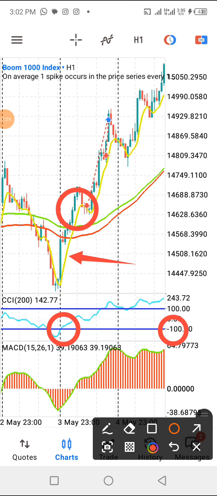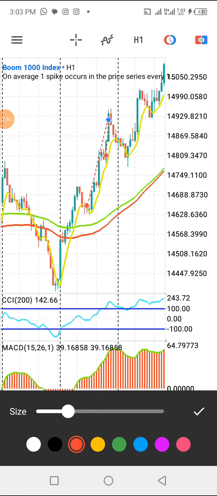Then lastly, we should notice your MACD crossing above the 0 line upward. Exactly. Your MACD should be crossing above the 0 line upward. Then when you place this trade, your stop loss should be below the red moving average. That means, let's assume I took this trade now. I took this entry.